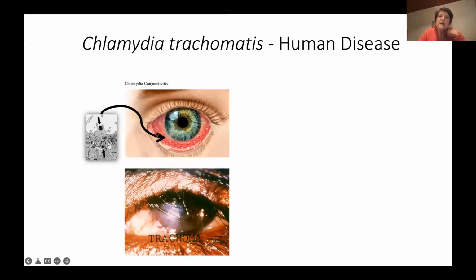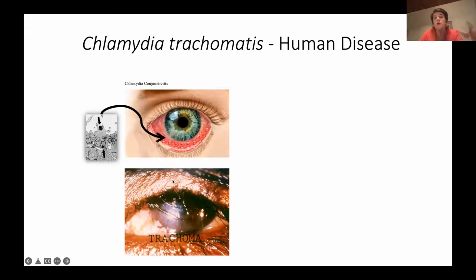And that leads to inflammation and scarring. And this happens over and over and over in these villages. And finally, the scarring causes the eyelashes to turn inward and scrape against the cornea. And so by the time these people have sustained multiple infections with chlamydia, they develop blindness, sometimes in their early 20s or a little later.